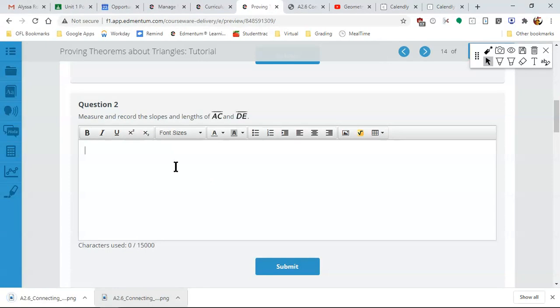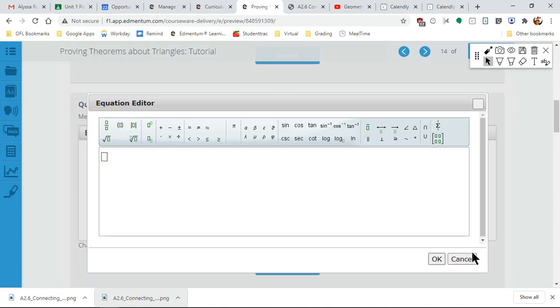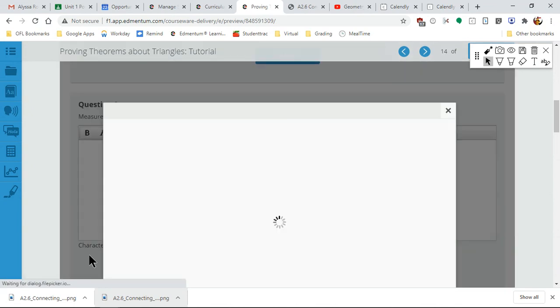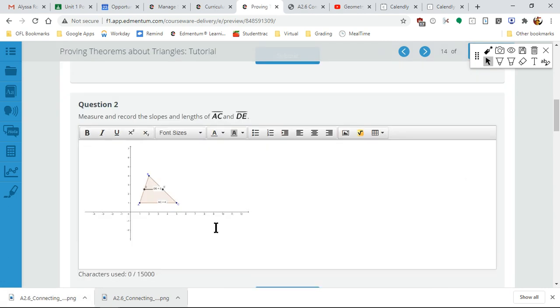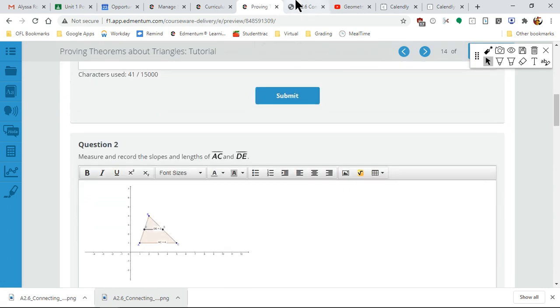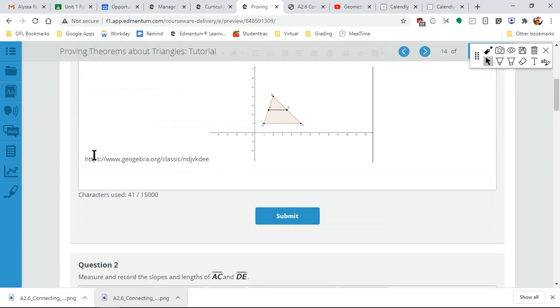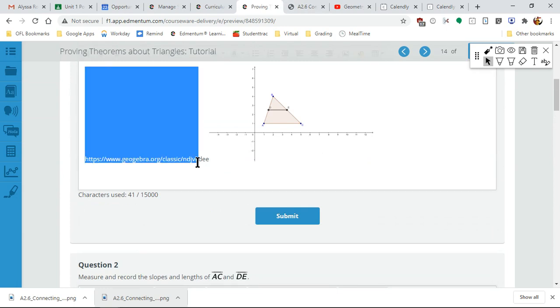Since it's the same thing, notice how it didn't save. Give me a second here. No, not that. That. Since it's the same thing, it didn't ask me to name it again.